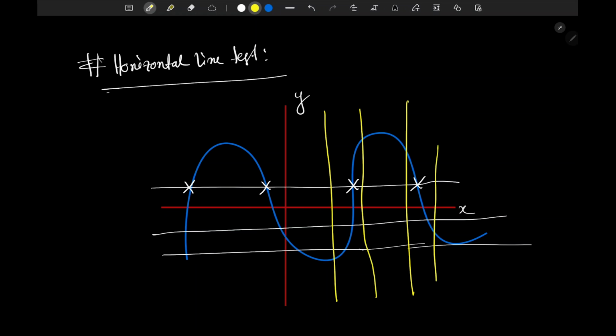However, when you draw some horizontal lines, the plot crosses them more than once. So even though this is a function, this is not a one-to-one function, okay? So that's what the horizontal line test is for. I didn't want to discuss it, but then I thought, why not, right? For the sake of completeness, we can discuss it.